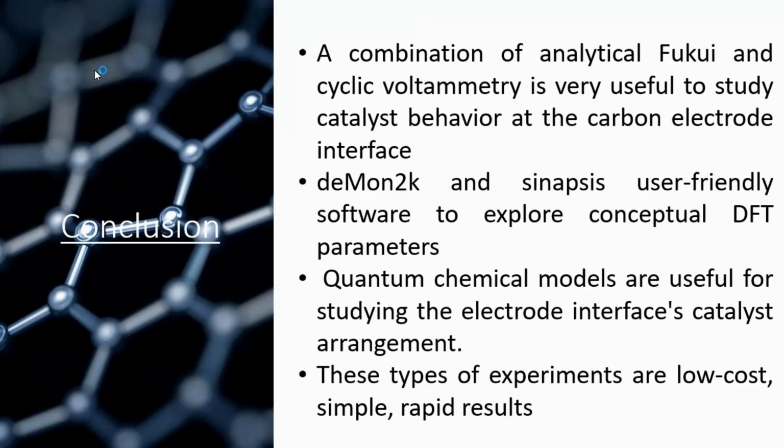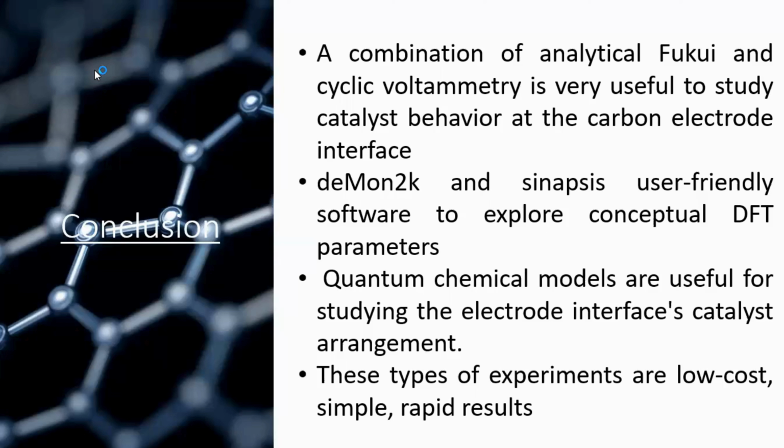In particular, if researchers start to use academically free software, they can compute frontier molecular orbitals and the Fukui function. In this way, they can start to interrelate electrochemical results with quantum mechanical parameters. So these are very handy experiments. One can do it at a very low cost.